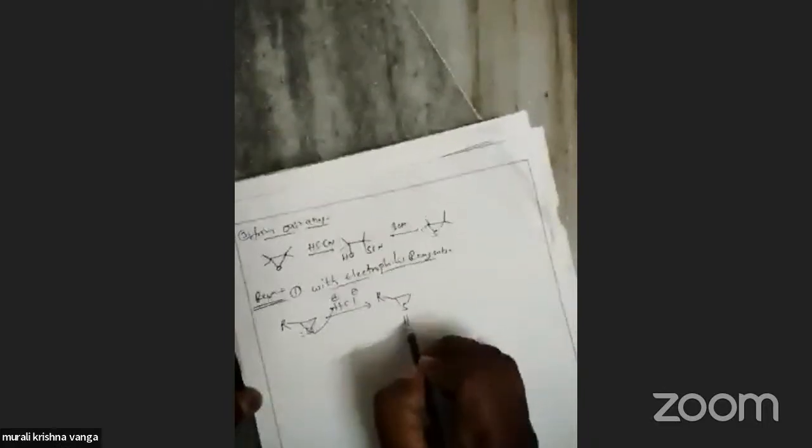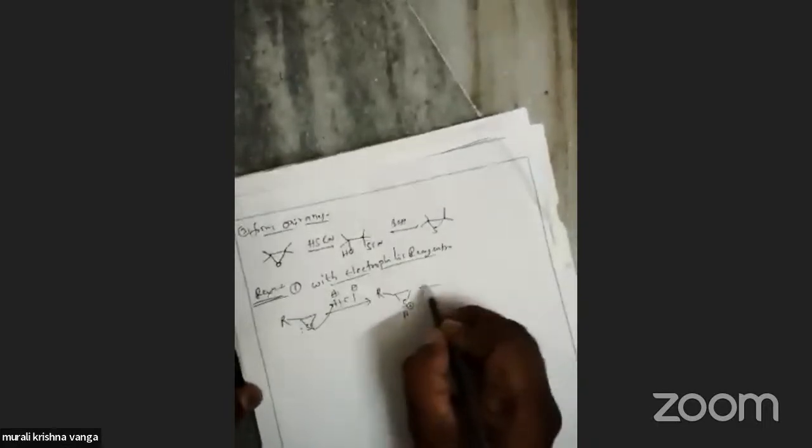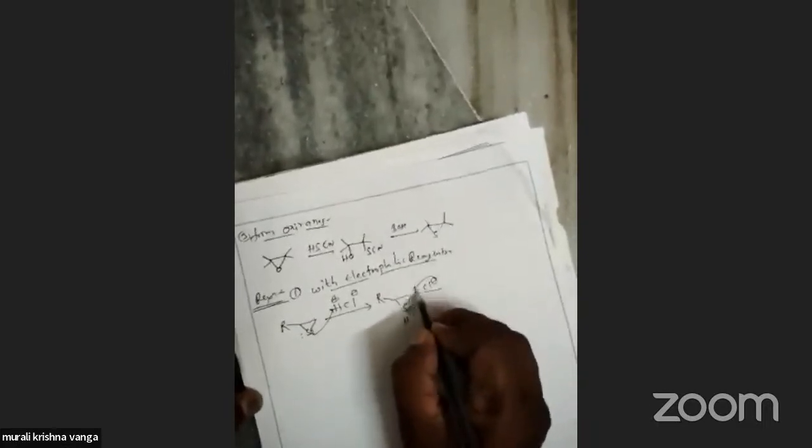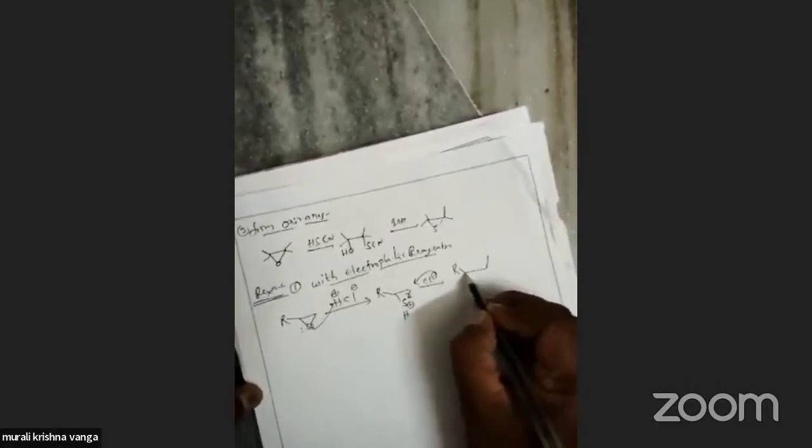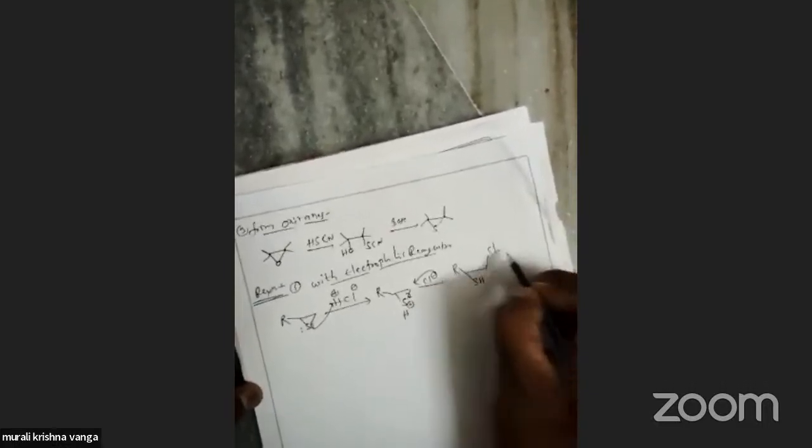The H plus attacks the lone pair of electrons on sulfur, and Cl minus attacks the carbon attached to sulfur. The bond shifts toward the positively charged sulfur side, and the SH and Cl product is formed.